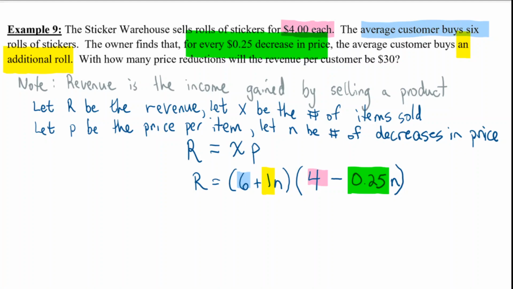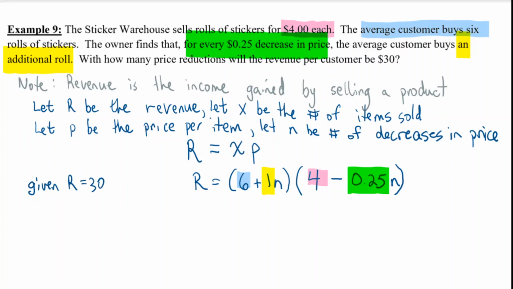Okay. So we're trying to look here in this question, how many price reductions are going to give us a revenue of $30? So this question's basically saying we're given the revenue here is $30.